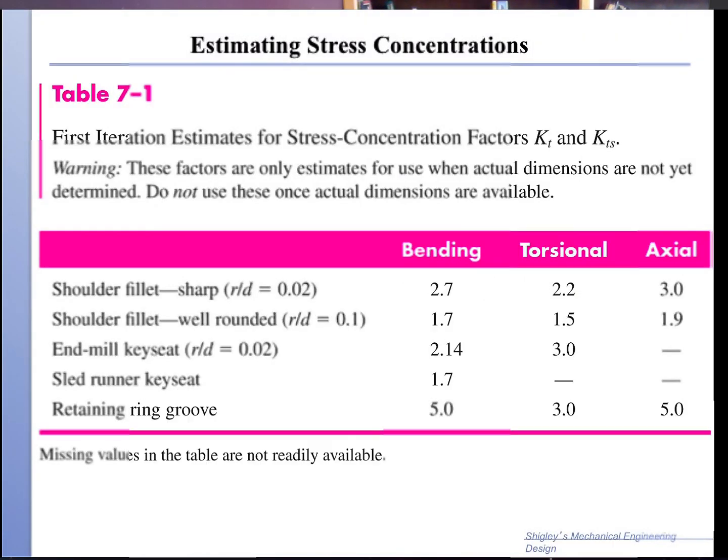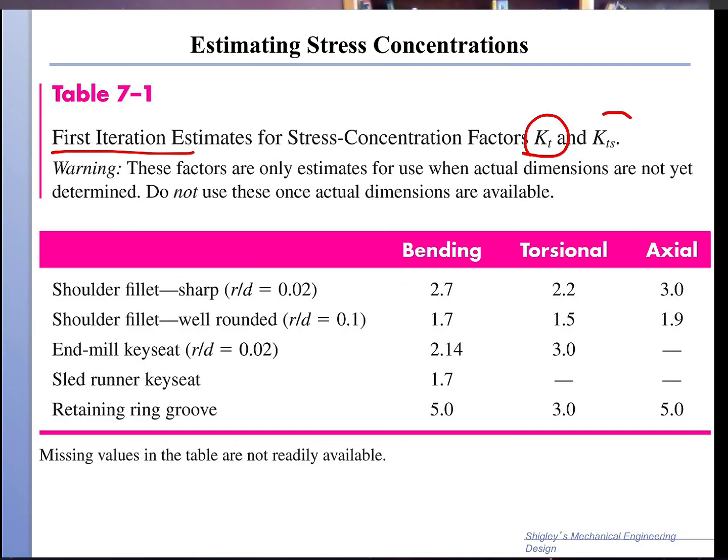What we will have here first are the stress concentration factors for the first iteration. We want to estimate the static stress concentration factors, K sub T for tensile loading, and K sub TS for shear loading.